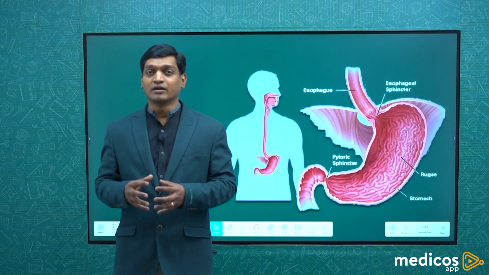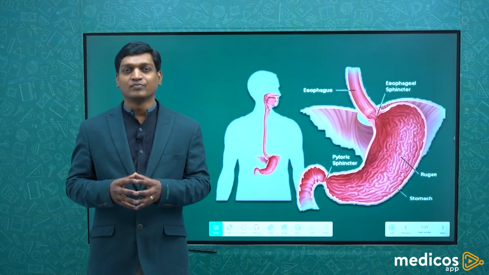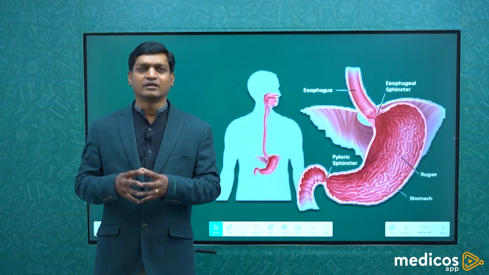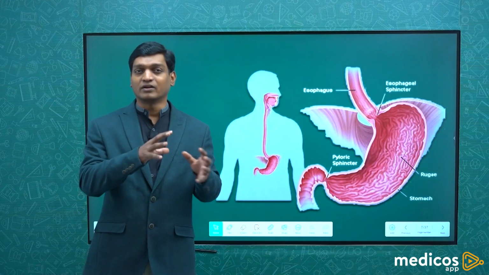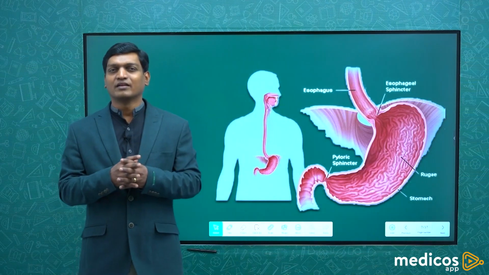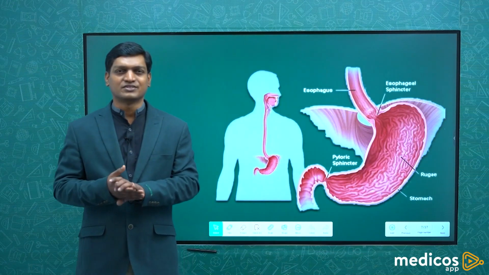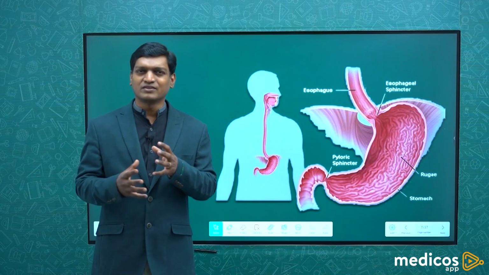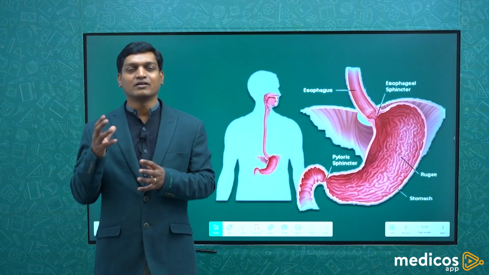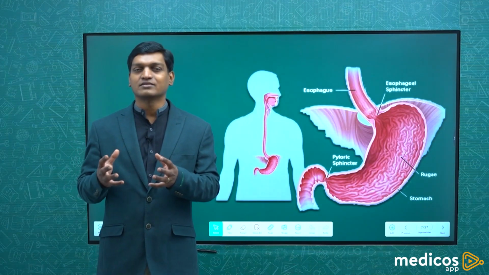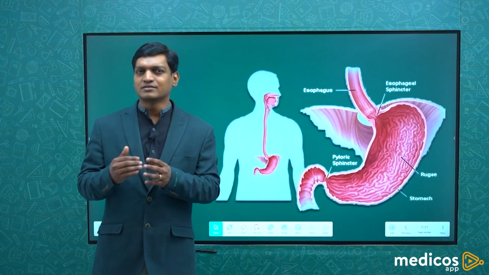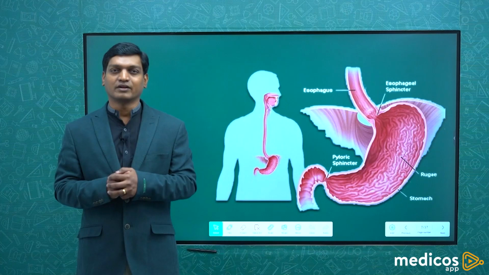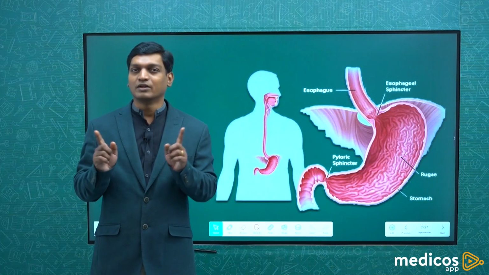Generally, an organ can be studied by common headings. First, the location of the organ, where it is located. Next, morphological features: what are the surfaces, borders and ends, if it has. Next is relations of the particular organ, because you need to know your neighbors.